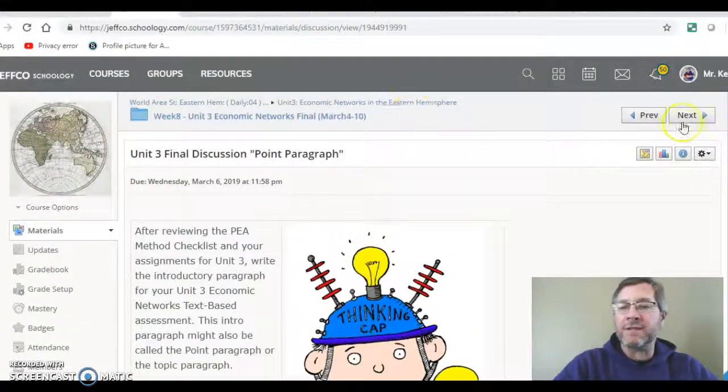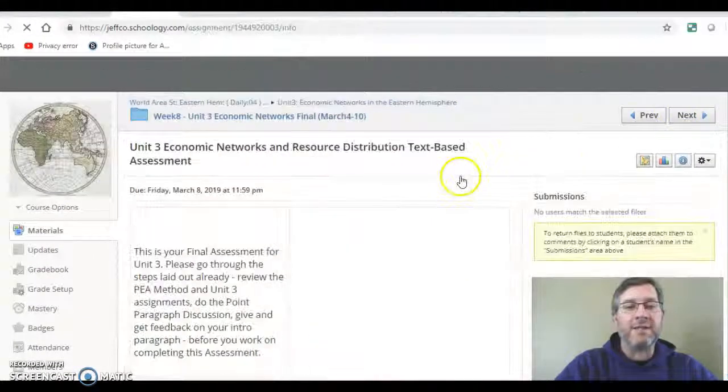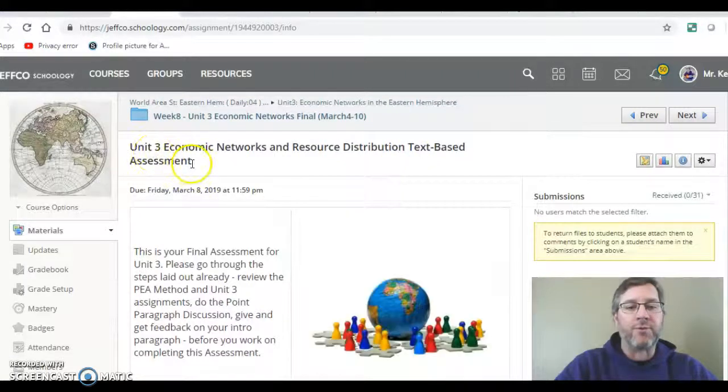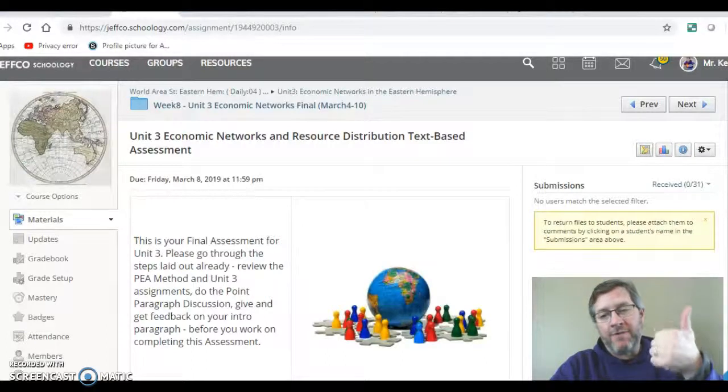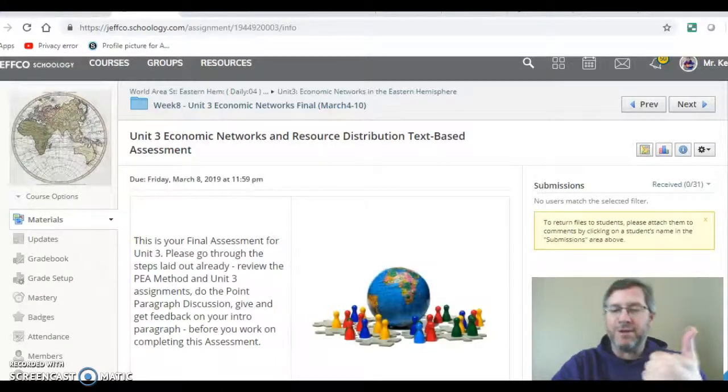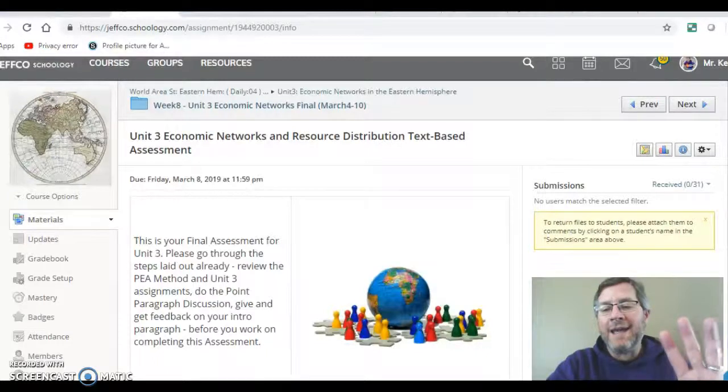So that's the first thing. The second part to this week is turning in the actual Unit 3 assessment. I suggest, though it doesn't have to be, a 5-paragraph essay. With a 5-paragraph essay, you have an introduction, which is the point paragraph that you're going to put on the discussion board, then 3 evidence paragraphs, and then your conclusion.